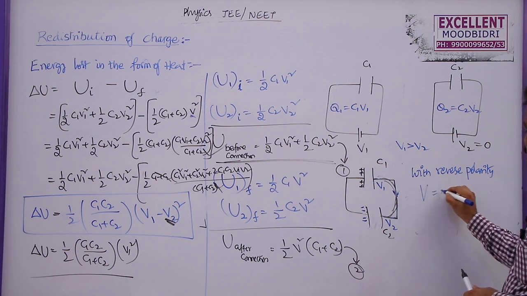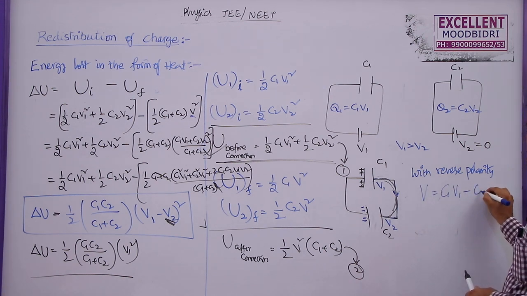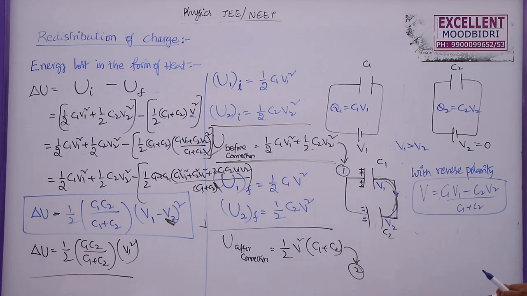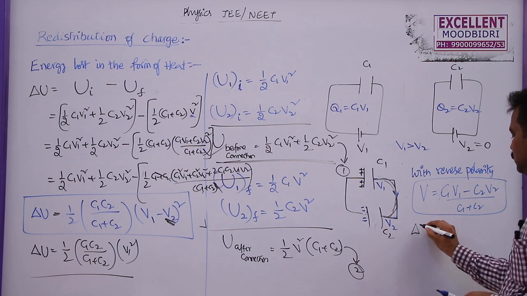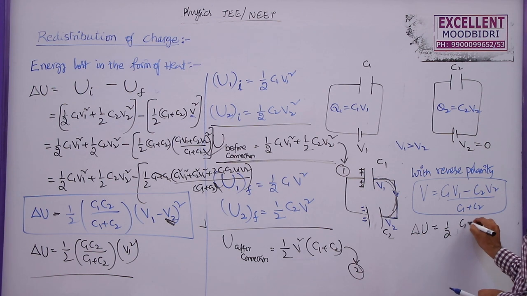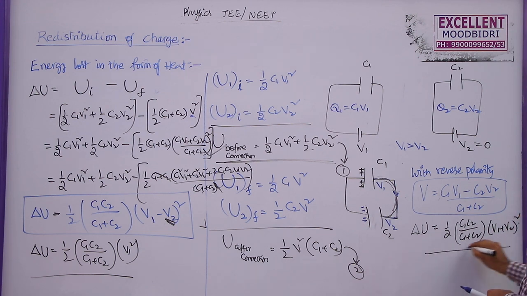The common potential will become C1 V1 minus C2 V2 by C1 plus C2. This is the common potential. Now the change in energy, or loss of energy, is given by half C1 C2 by C1 plus C2 into V1 plus V2 whole square.